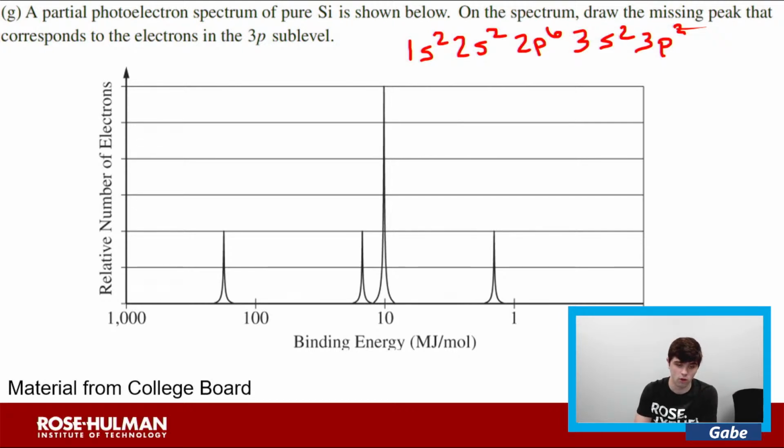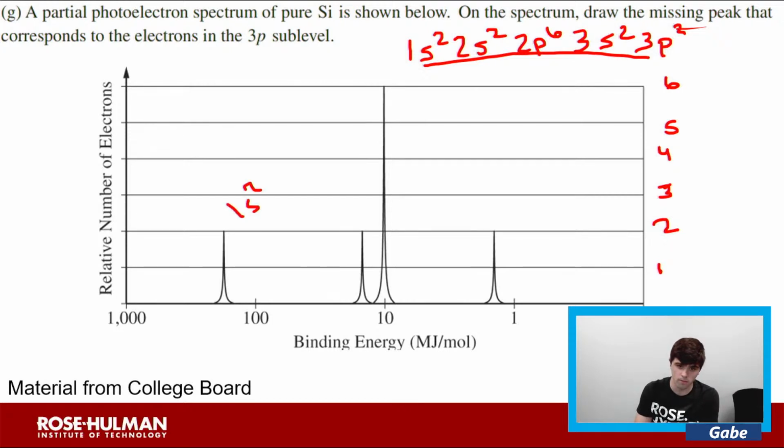So when we look at this, we can see the relative number of electrons represented in these graph lines right here. So we can go over here and just put 1, 2, 3, 4, 5, and 6. And now we can go through our electron configuration and look at the electrons that it has. So this is our 1s squared.